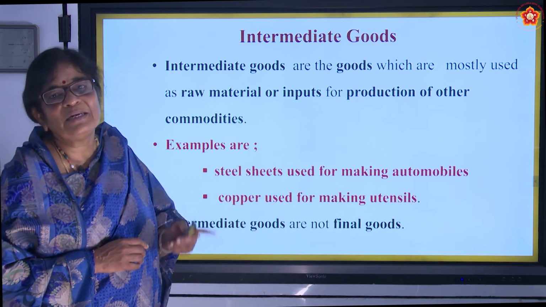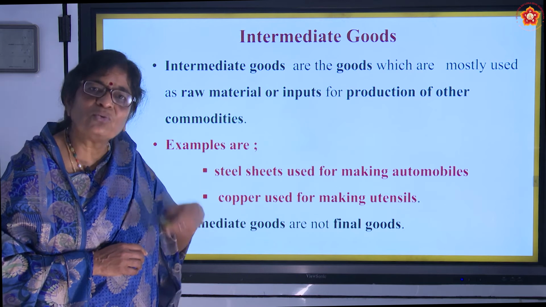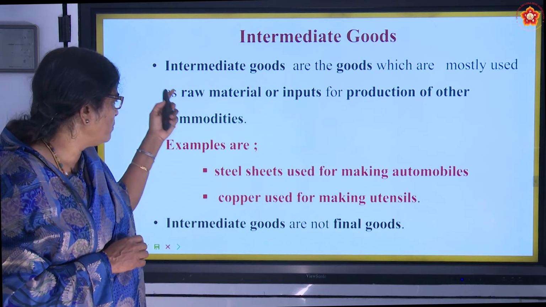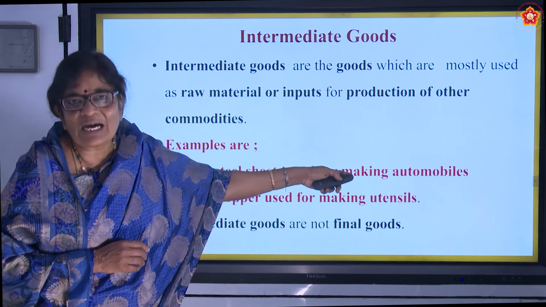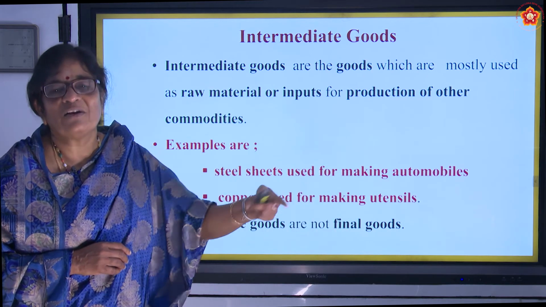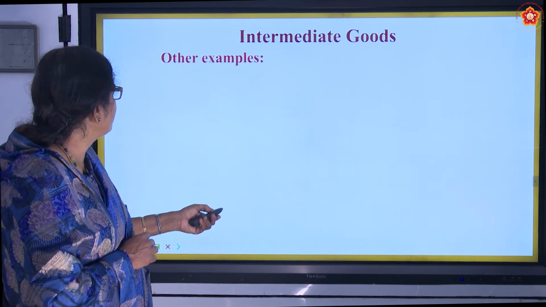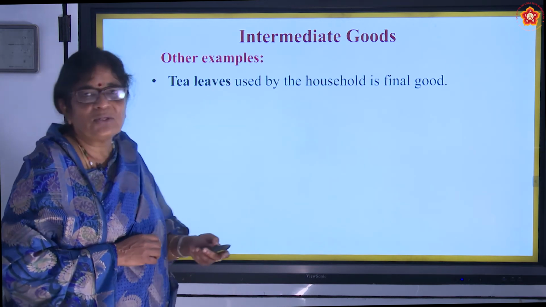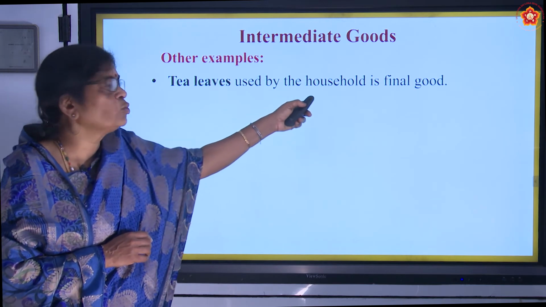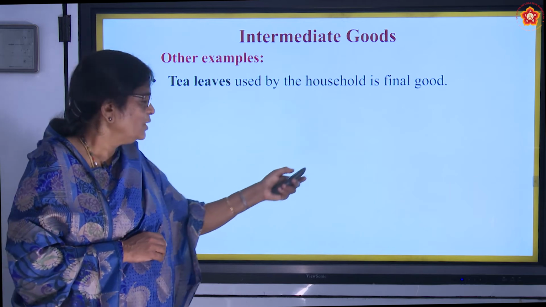Why? Intermediate goods are not final goods because they go through economic processes. They buy steel sheets, convert them into cars and sell them in the market. Therefore, intermediate goods are not final goods. I hope you understood. Another example of intermediate goods: tea leaves used by a household, by your mother, are a final good. There is no economic transaction after buying the tea leaves.